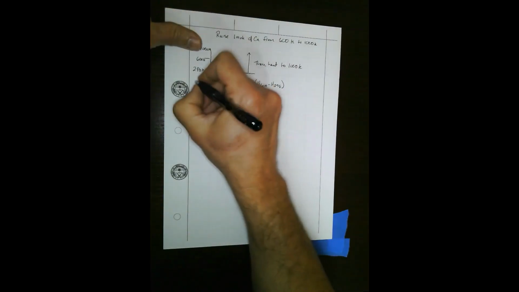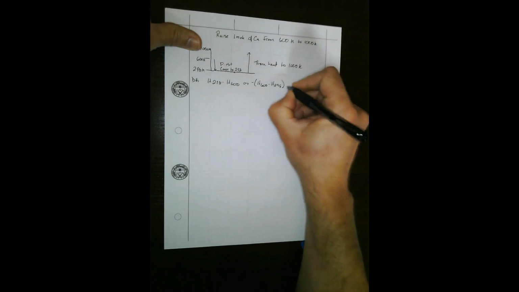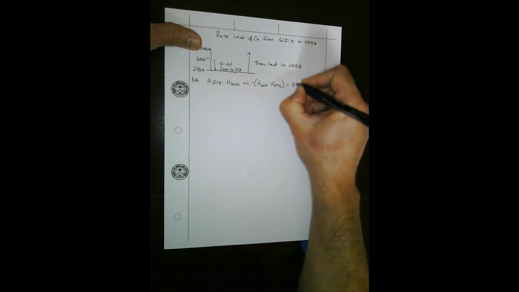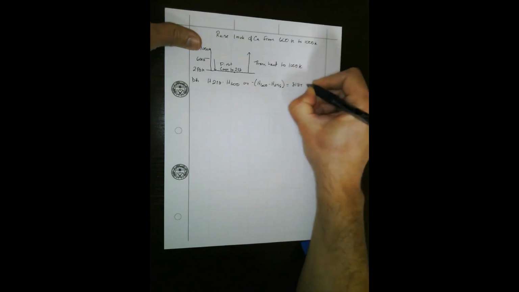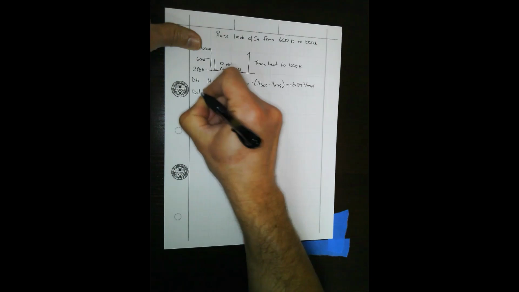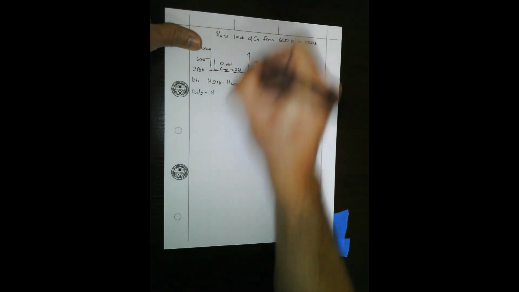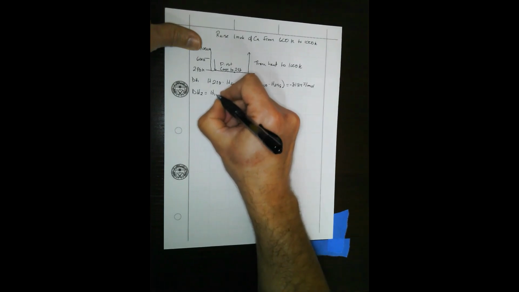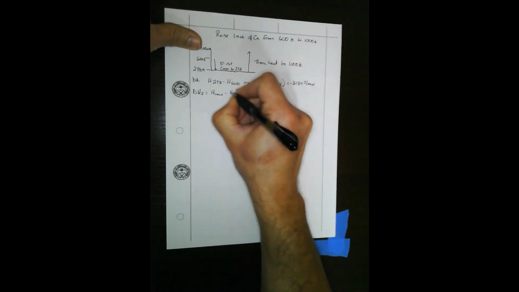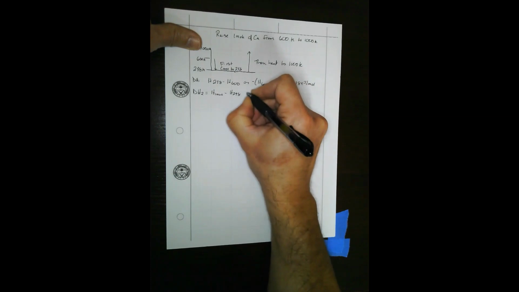We can kind of denote this as delta H1 and say this equals 8184 joules per mole. Again, we're cooling it, so it's negative. Delta H2 is raising it from 298 to 1,000, so it's H1000 minus H298.